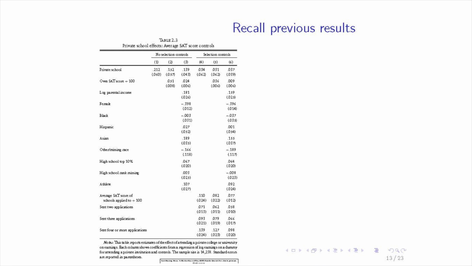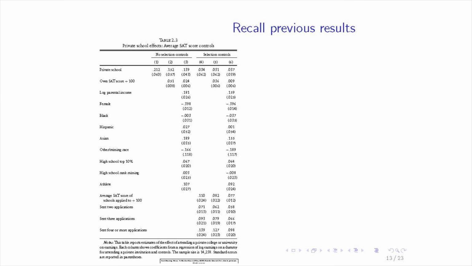Remember, this is table 2-3 that we are trying to compare to. Remember, we have 0.21 without controlling for SAT, and then 0.15 with controlling for SAT.